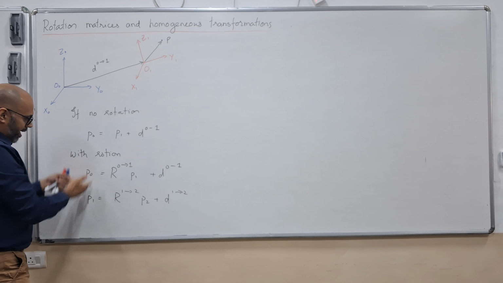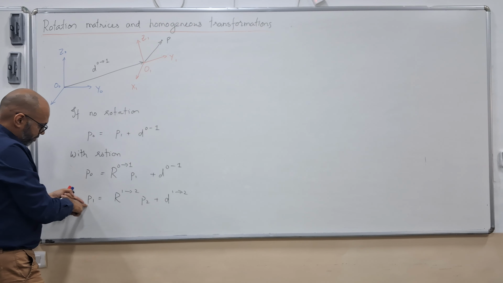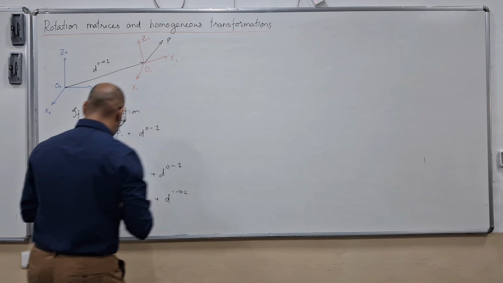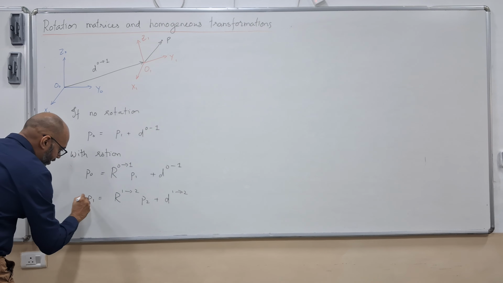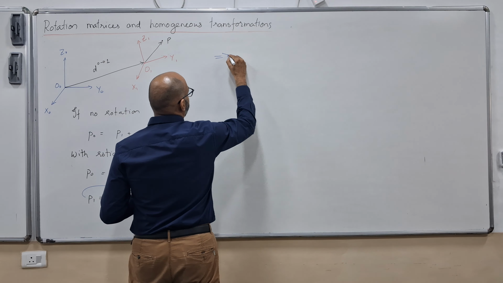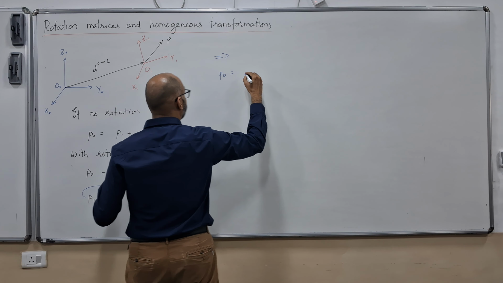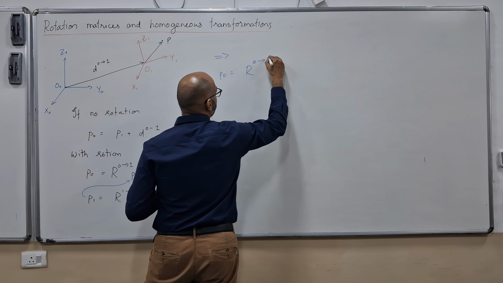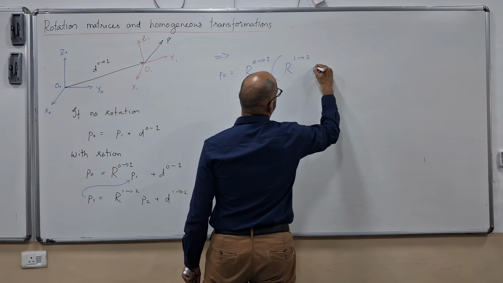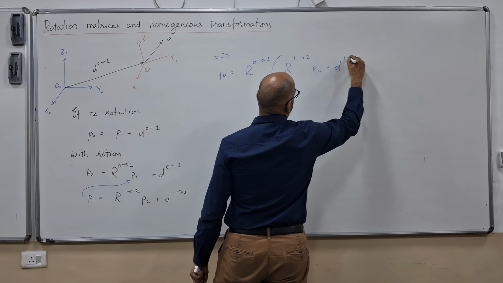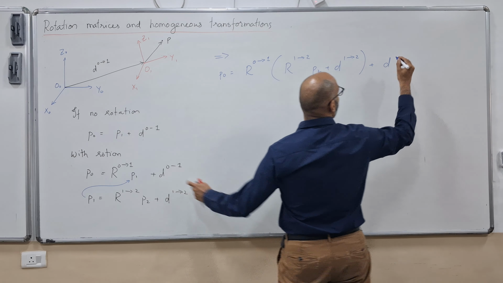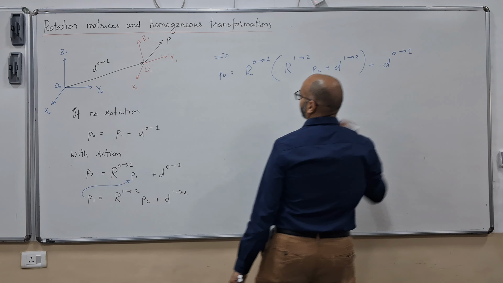Now again here mathematically it's easy to figure out because I simply plug in P1 over here and then see what I get. So let me substitute P1 over here, and that gives me P0 is equal to R0 to 1, and in here I get R1 to 2 P2 plus D1 to 2 plus I still have my D0 to 1 outside, right?